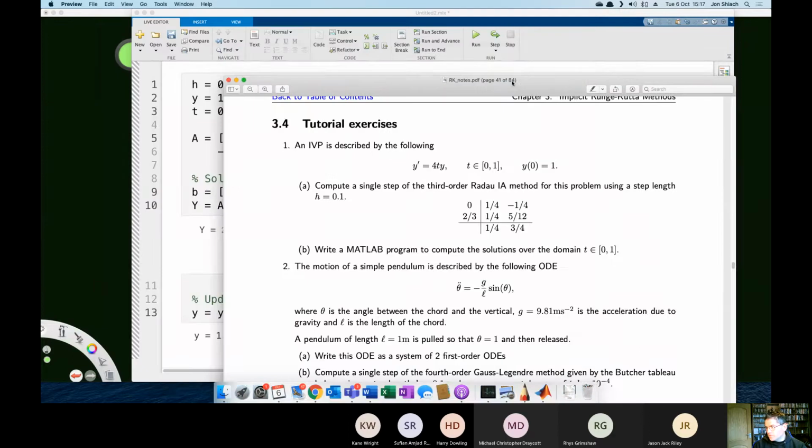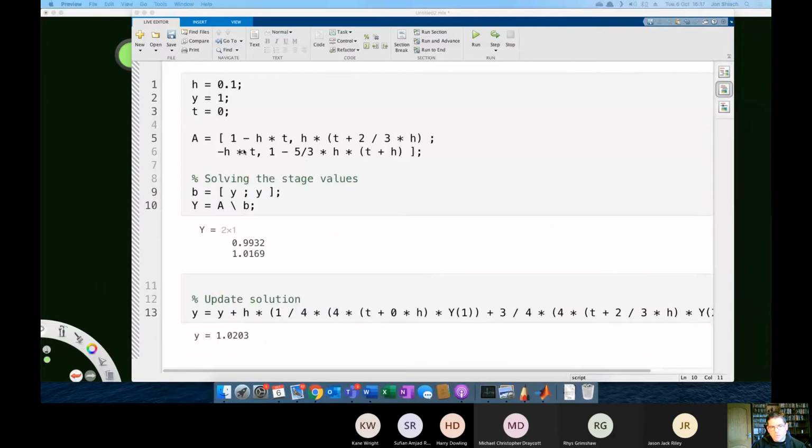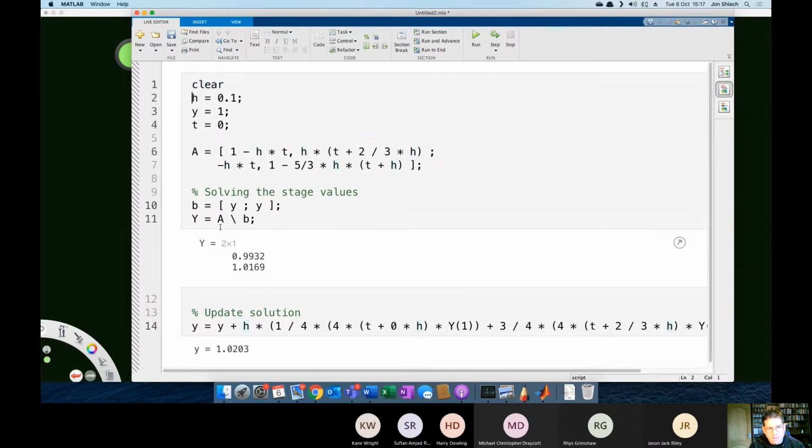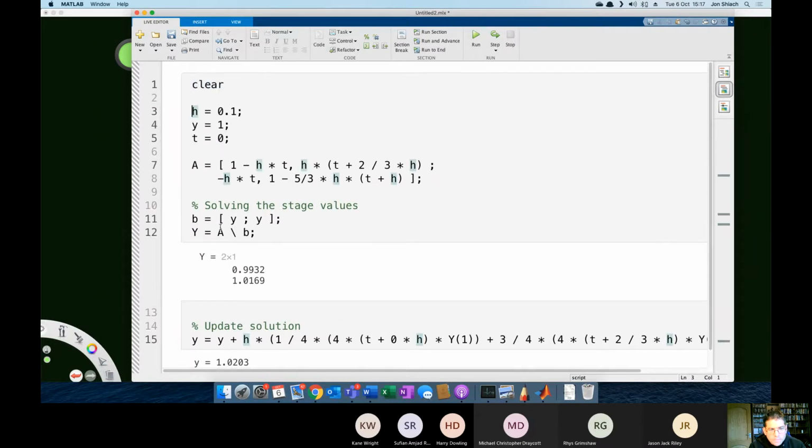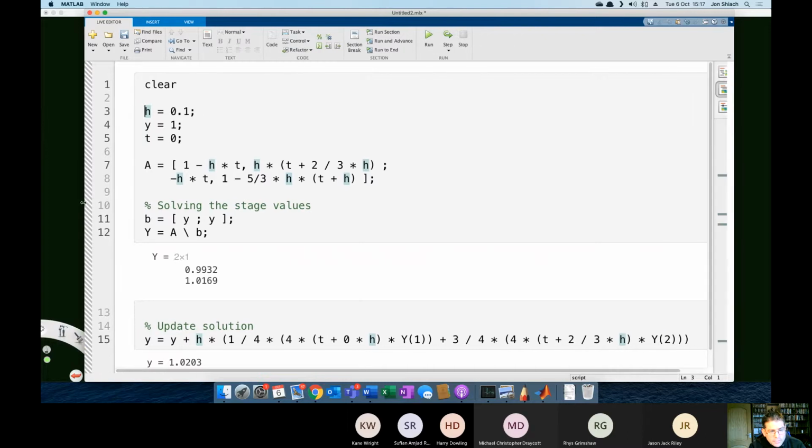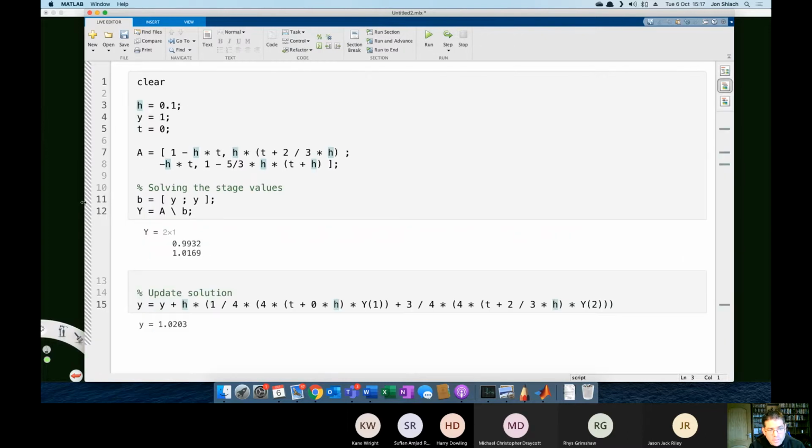So I'm going to adapt what we've got here to solve for the whole domain. This A matrix is going to change because it relies on t.